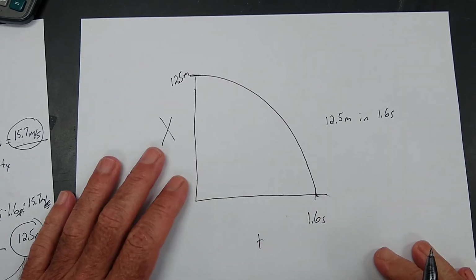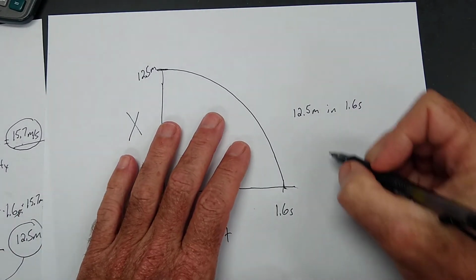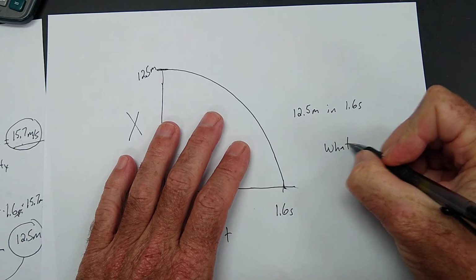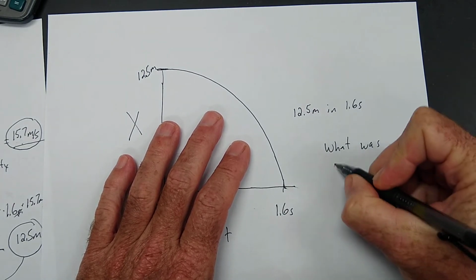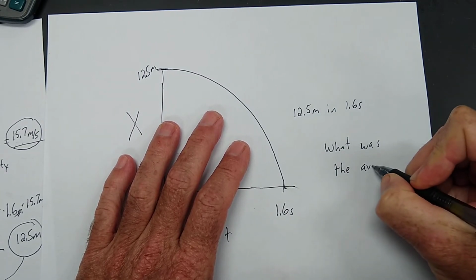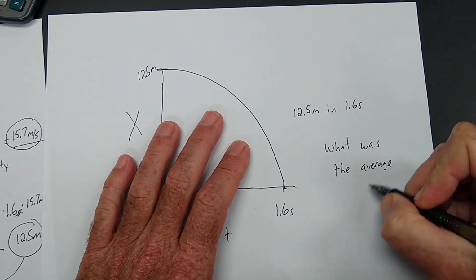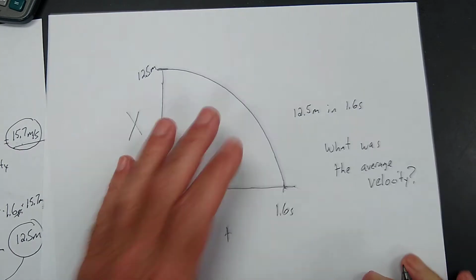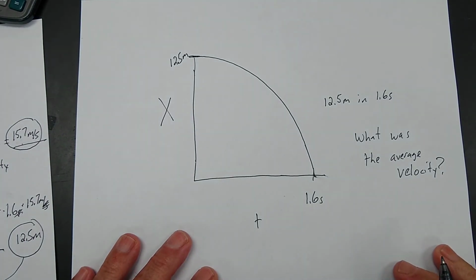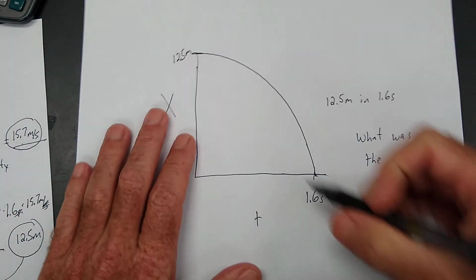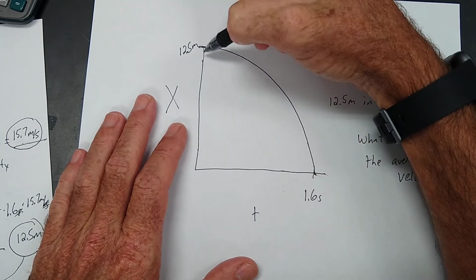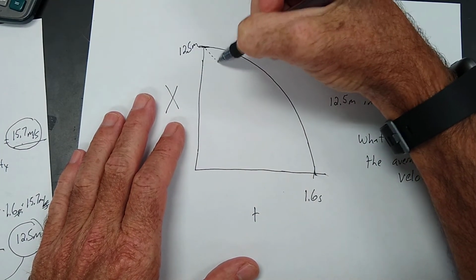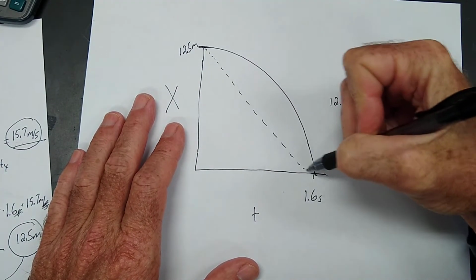The last thing I could ask you, if I wanted to, is I could say, what was the average velocity of the tennis ball? Well, that's pretty easy. There's two ways to solve it. If we're looking at velocity, we could just look at this slope.